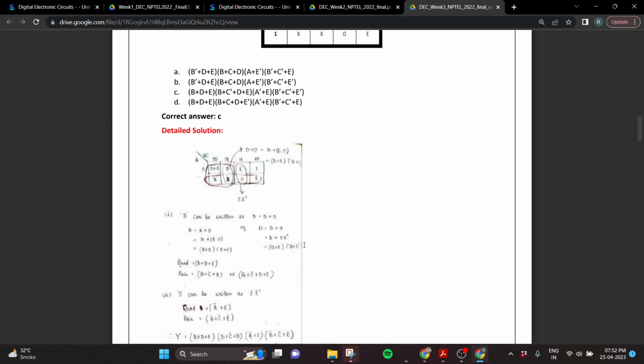So one is to nothing else. This is POS form. So in POS we write A bar, B plus C, B plus C bar, B bar plus C bar, and B bar plus C.